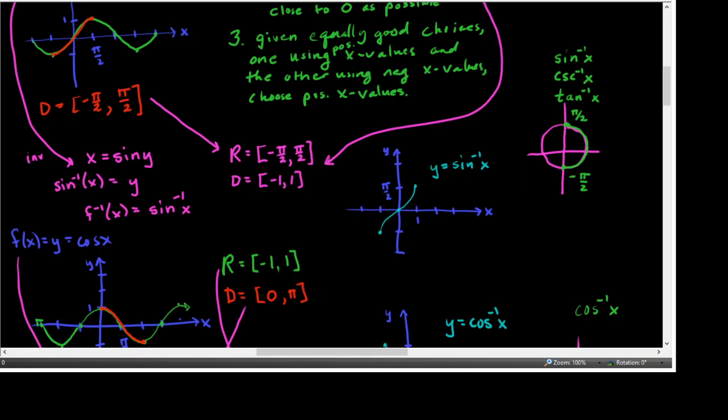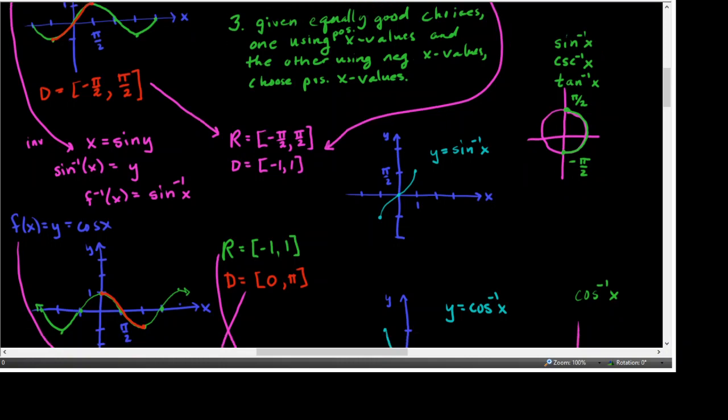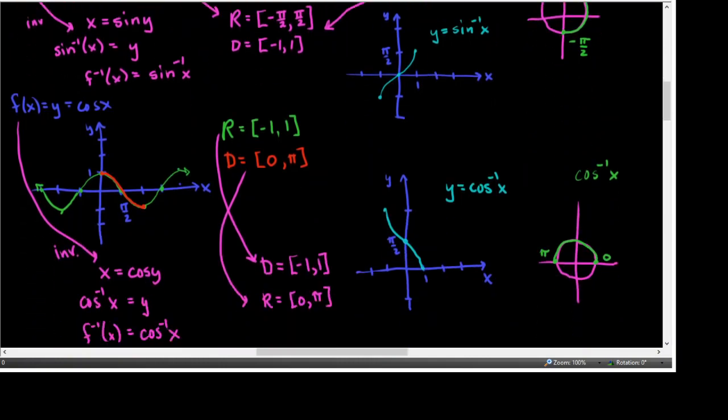And so it has basically the same restriction that sine does, negative pi over 2 to pi over 2. Where those graphs have vertical asymptotes for the original graphs, of course those are left out of this range, and so you should look at the pre-calculus material again to make sure that you understand all of this.